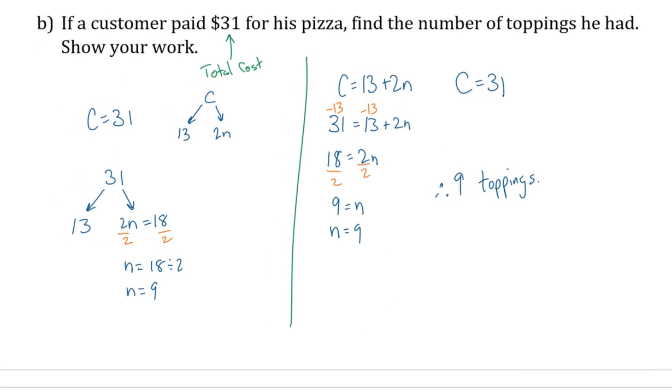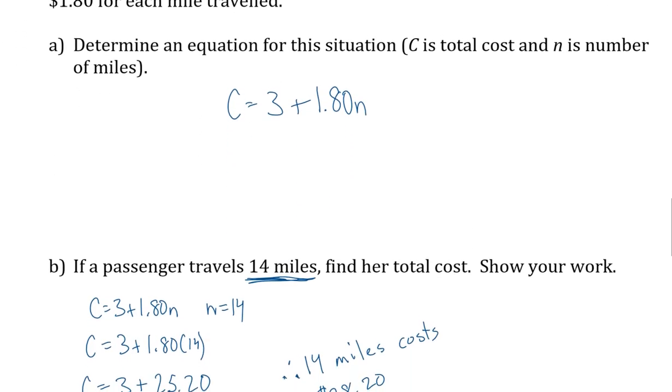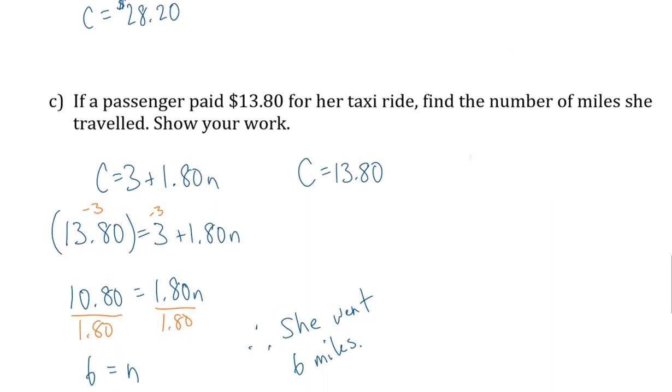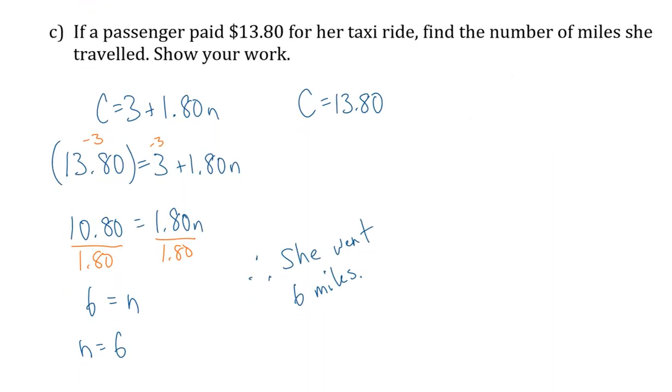So you're not going to get 9.04 or something like that, or 9.1. And even then, I don't think in this course we're going to really worry about half toppings. So number of toppings is probably always going to be an exact answer, like 9 toppings or 4 toppings. But in the case of number of miles, it certainly could be a decimal answer, because most places that you travel are not going to be an exact number of miles. So you're going to have a decimal.